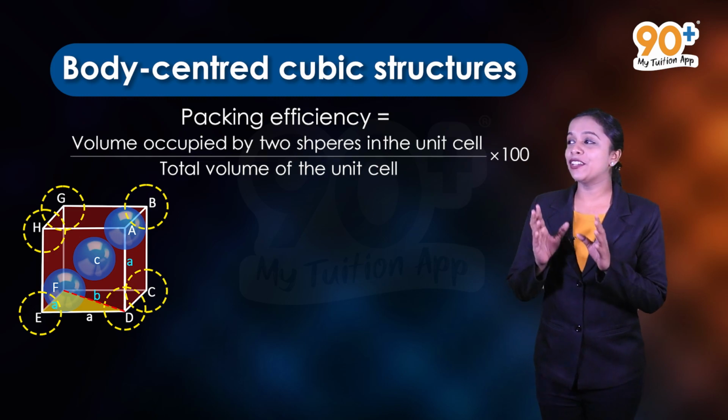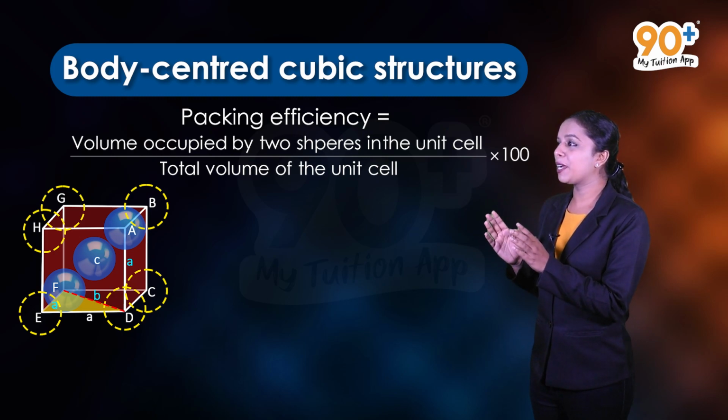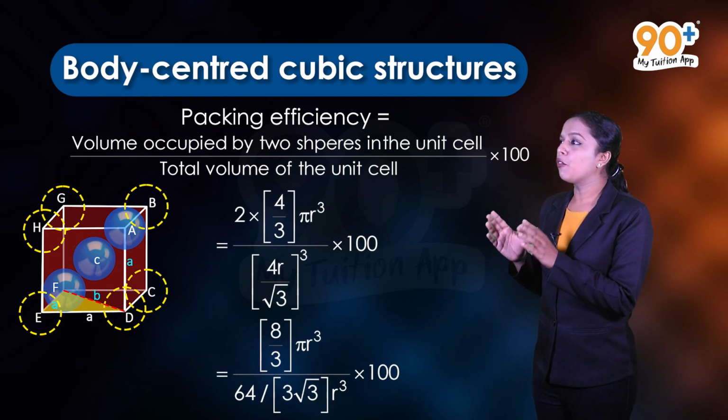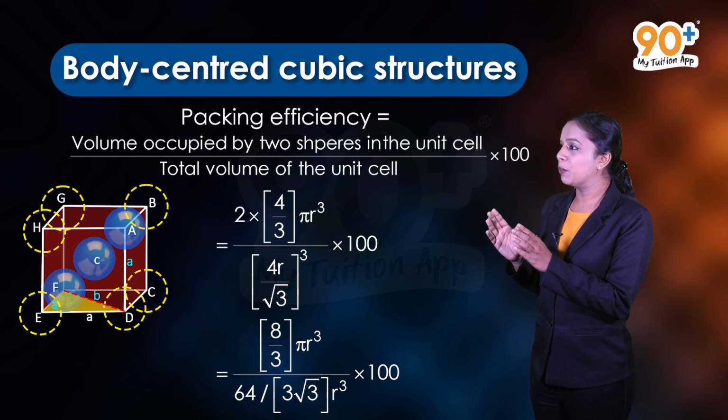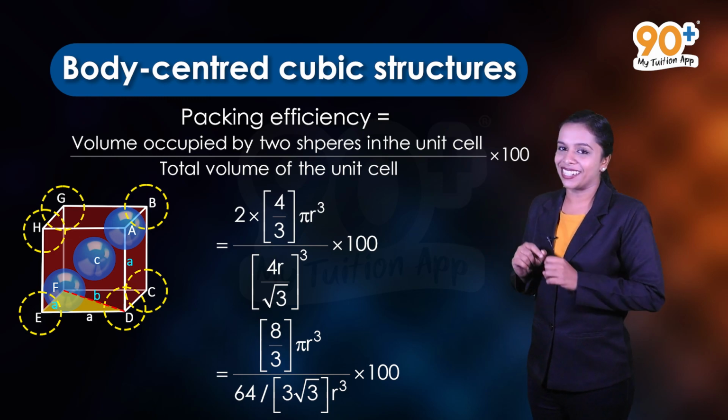Therefore, the packing efficiency is equal to the volume occupied by two spheres in the unit cell divided by the total volume of the unit cell into 100. That is equal to 2 into 4 by 3 pi r cube divided by (4r divided by root 3) the whole cube into 100.